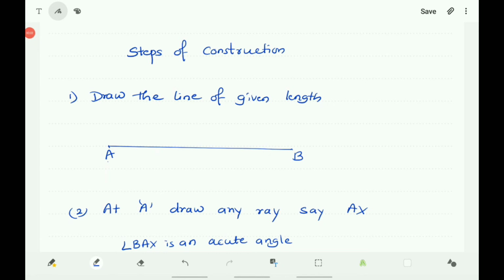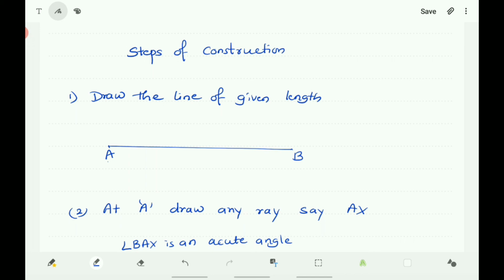Now let us discuss the steps in dividing the given line in the given ratio. In the first step, draw the line of given length and name it. If the name is given, you give that name only, or otherwise you can name it AB, PQ, whatever it may be. Now here let us name that line AB.